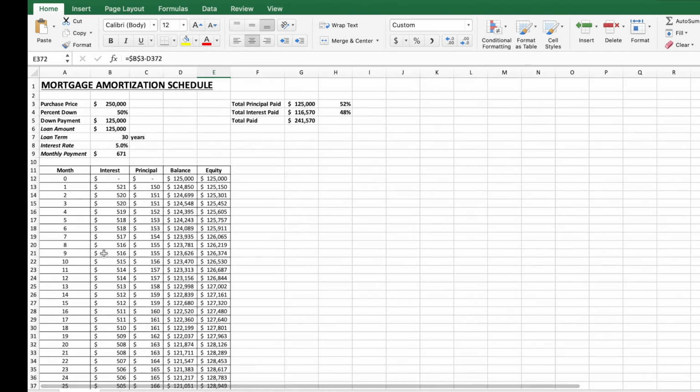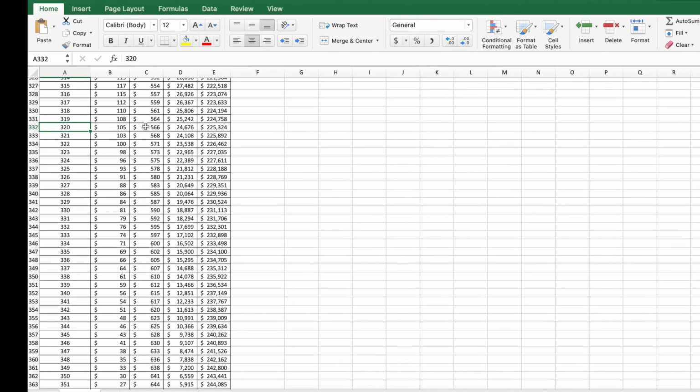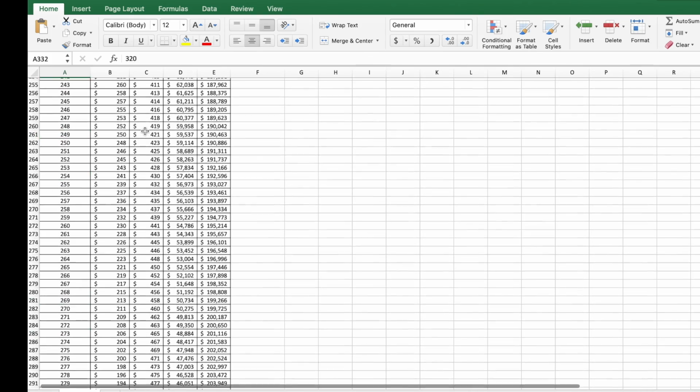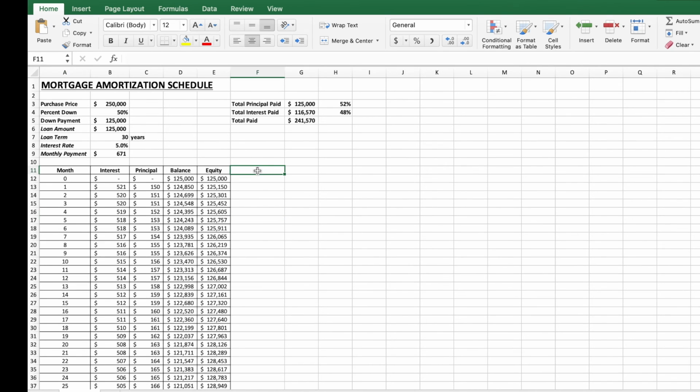So one more thing that might be of interest for people is when you see the months here, if you scroll down, for instance, 320 months, I don't really know how many years that is. I know it's pretty close to getting to 30 years, but I'm not sure exactly how many years. So if you want to easily figure out what year you're in, I'll add another column that says year.